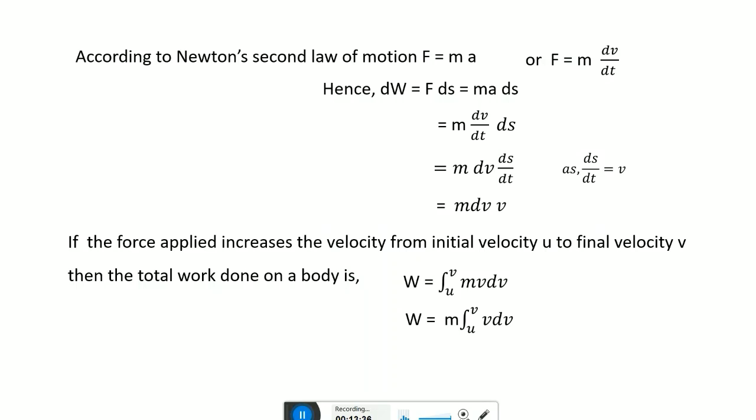Or as m is constant, that is mass of a body, so we get W is equal to m integration u to v v dv, and integration of v with respect to dv is v square by 2. So we get 1/2 m v square minus 1/2 m u square.